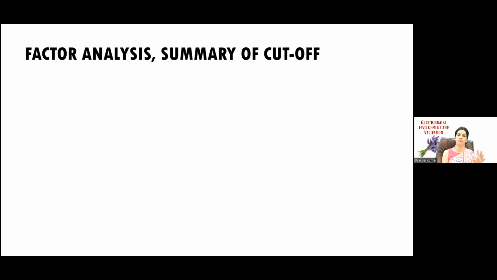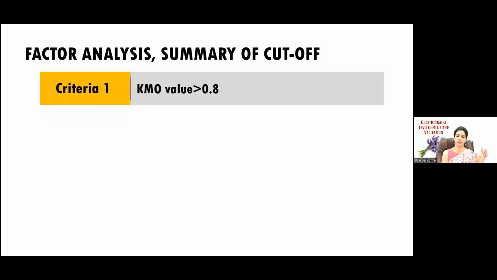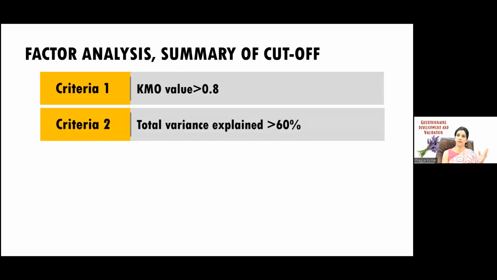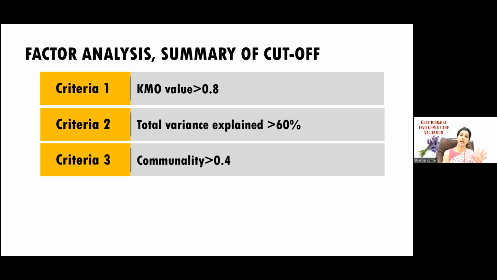So let's remember some cutoffs for factor analysis. If the KMO value is less than 0.5, we discard it, but ideally it should be more than 0.8. The total variance explained in factor analysis should be more than 60%. Again, we'll come to all these figures, don't worry. The communality, ideally, should be more than 0.5.